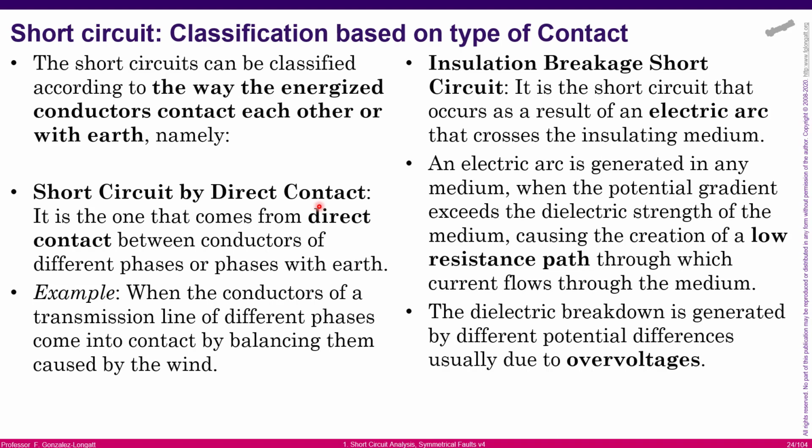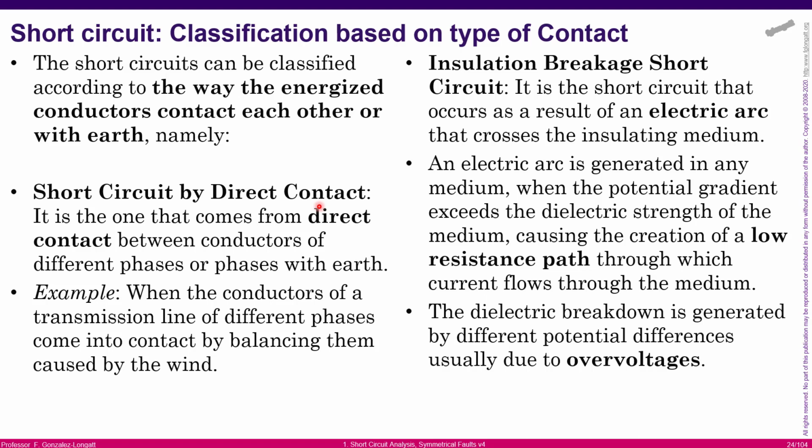There are some short circuits that come from direct contacts. I mean, there is almost zero impedance, for instance, when two lines in a transmission line have contact between them. That is not a typical situation, but it can happen.